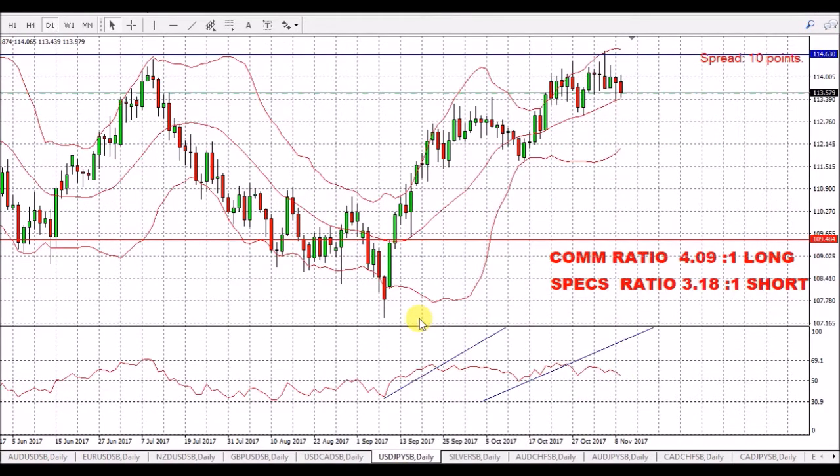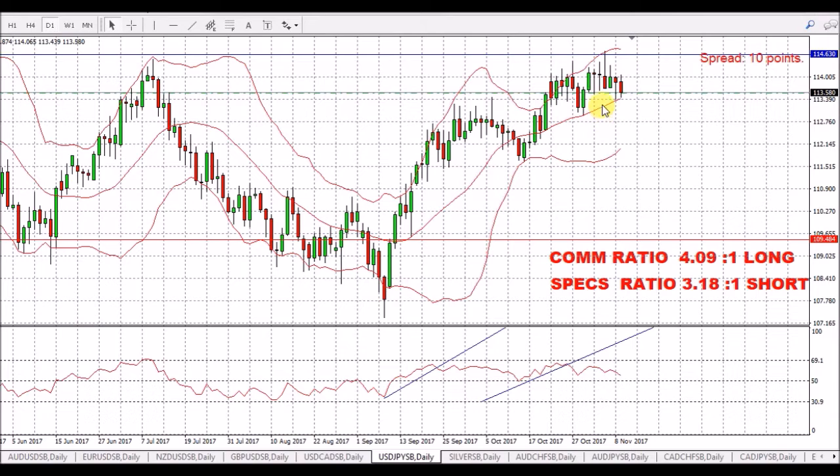USD Japanese yen. Well, we've had quite a good bit of nice information for the Japanese yen the last couple of days, and also Trump's got a meeting, and if he says about the trade, the differences in the trade between America and China, and he makes that point, then I think this will add a little bit of strength to the yen over the coming few days.